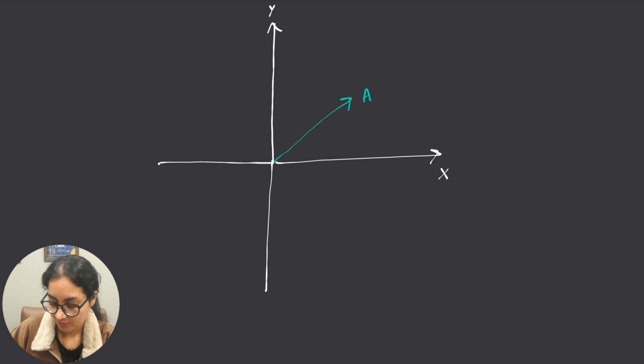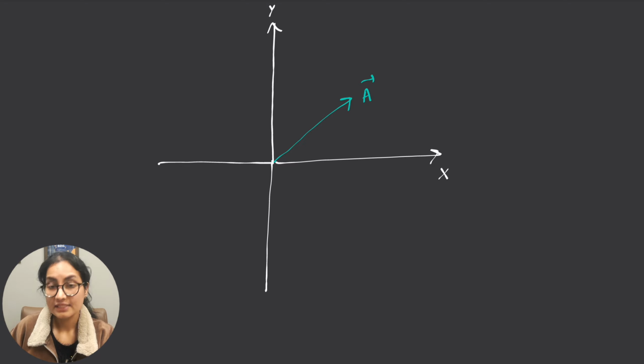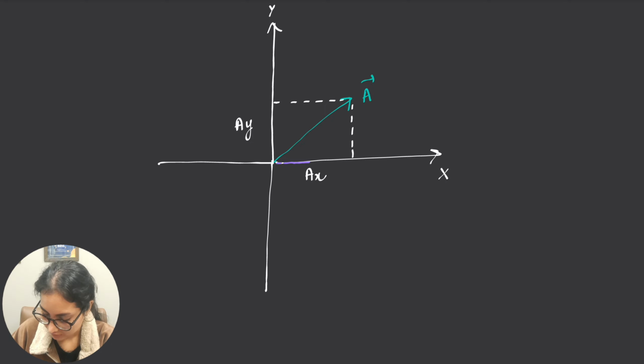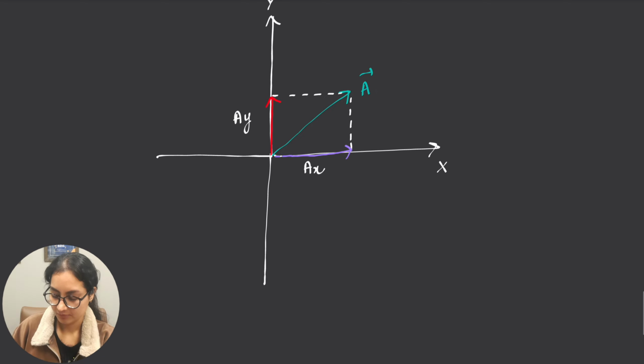So let's say this is my vector A. I want to resolve this vector into 2 components, x and y. So what I'm going to do is take the projection of this vector on the x-axis and the projection of this vector on the y-axis. So this is called Ax, the projection of that vector on the x-axis, and on the y-axis it's called Ay.